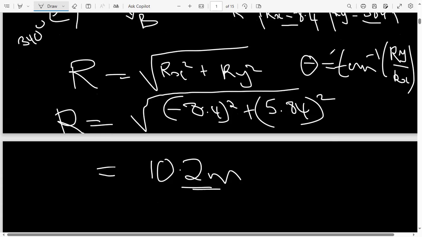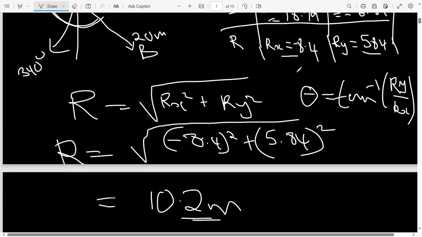And then what about the direction there? Okay, so for the direction, guys, always sketch your Rx and Ry to know the direction that you are getting. Remember, the direction is the angle, and that angle should always be from the positive x-axis. Okay, so if you don't show it on a diagram, you just find an angle in another quadrant, which won't be correct.